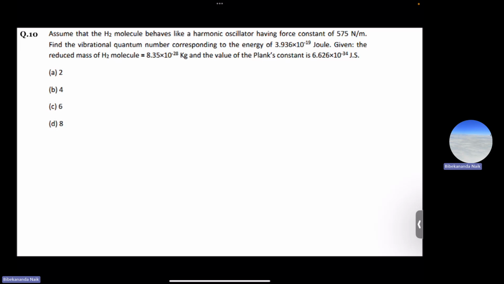So if we solve this one, similar to the previous question, we know nu is 1 by 2 pi root over k by mu.